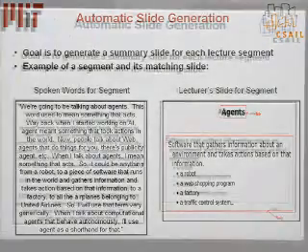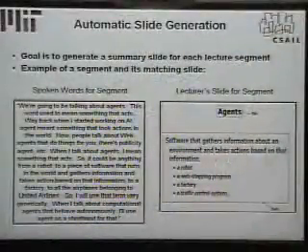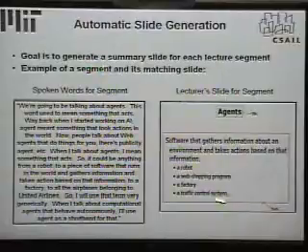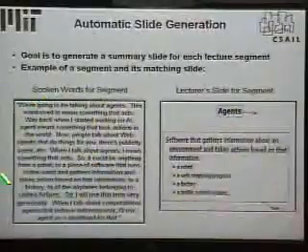So they want to take these techniques, and one of the things they're proposing to do is generate for a segment an automatically generated slide. Now in this particular case, this is the actual slide from an AI lecture, and this is the words that they spoke while this slide was present.